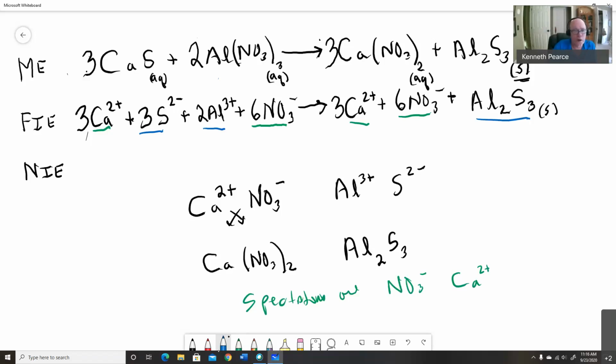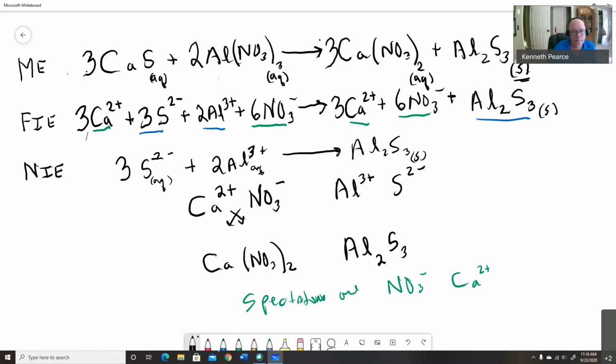And so we say the net ionic equation is the 3 sulfides plus the 2 aluminums, 3 pluses, ends up in aluminum sulfide. And of course, that's solid. And these guys over here are aqueous. They're still aqueous even as ions. And there they go.